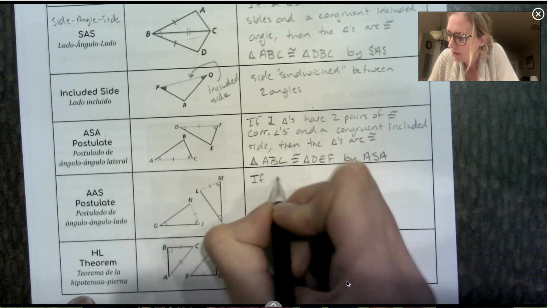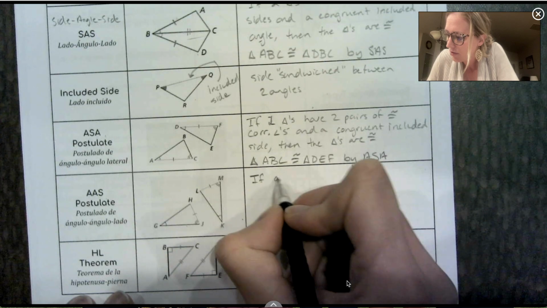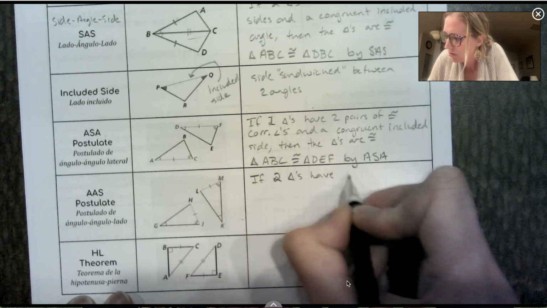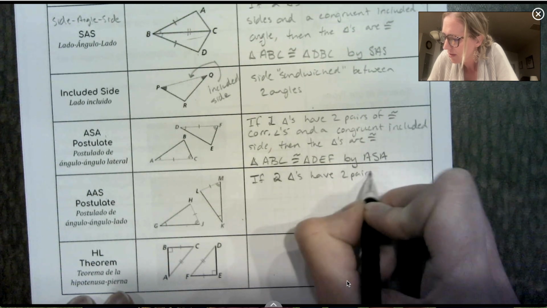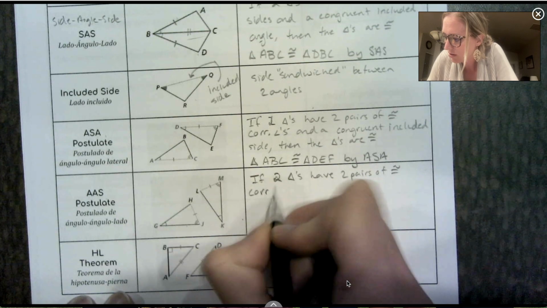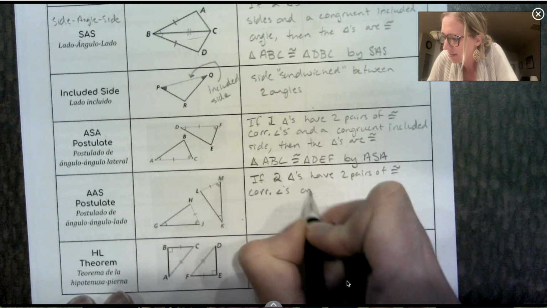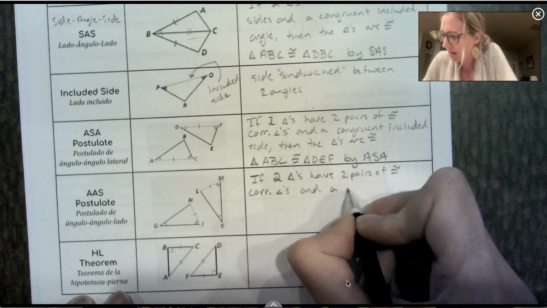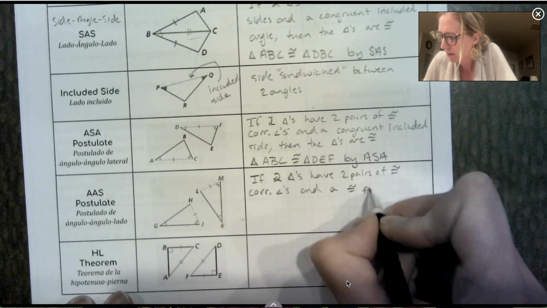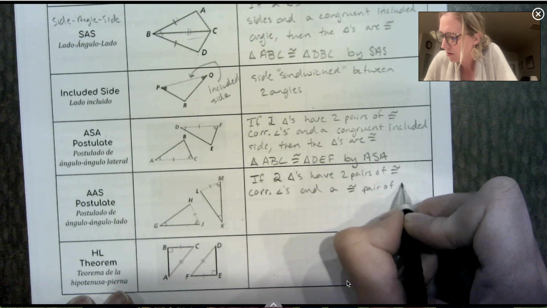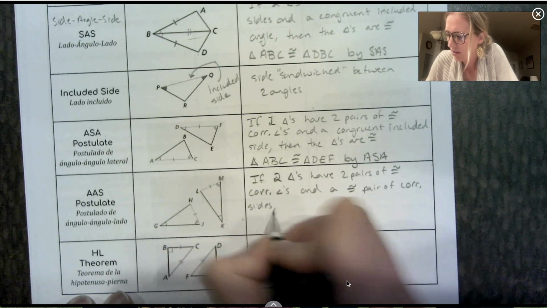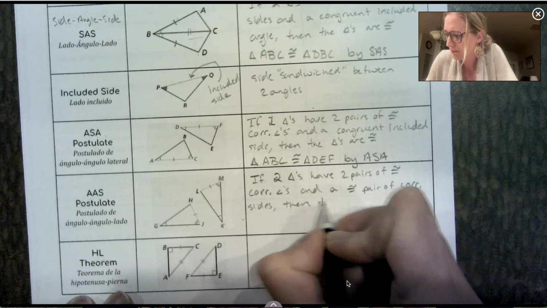So if two triangles have two pairs of congruent corresponding angles and a congruent pair of corresponding sides, then the triangles are congruent.